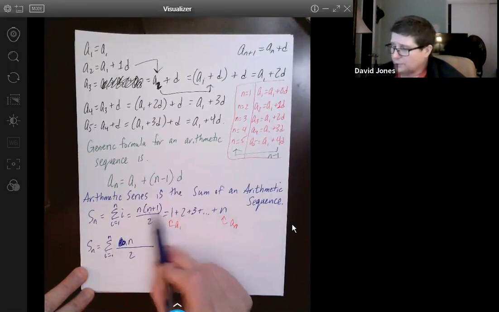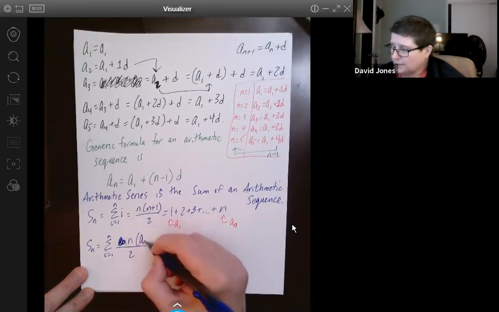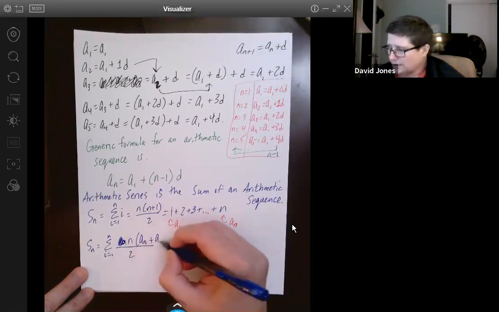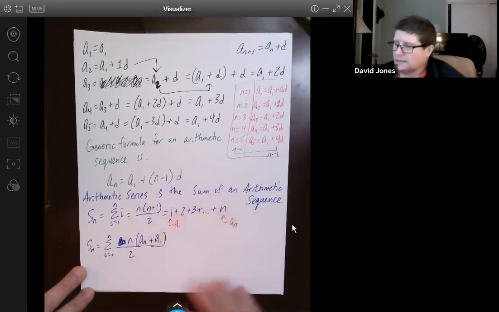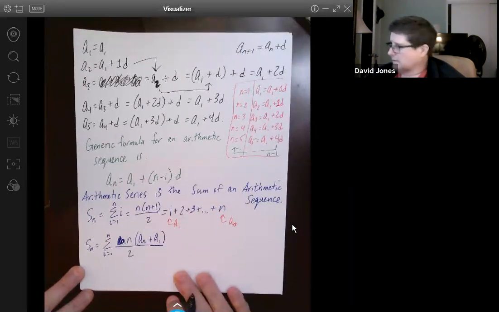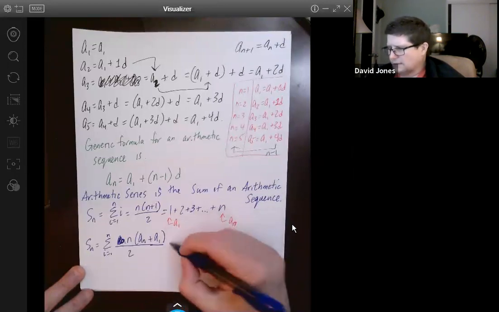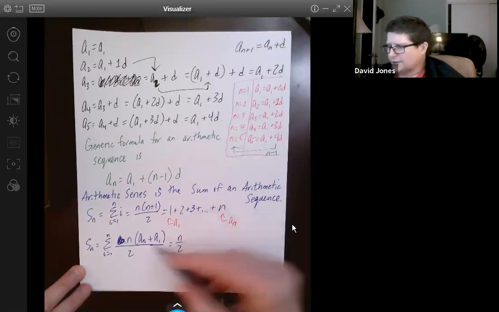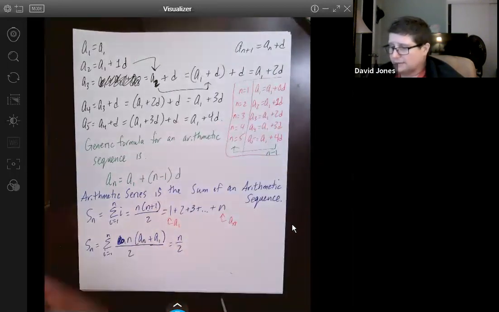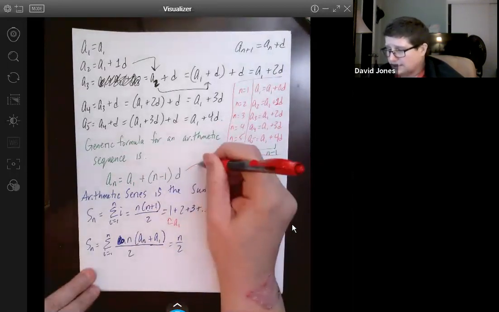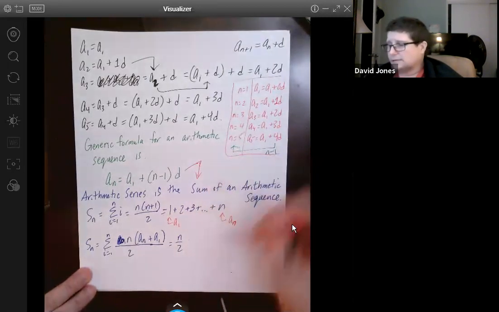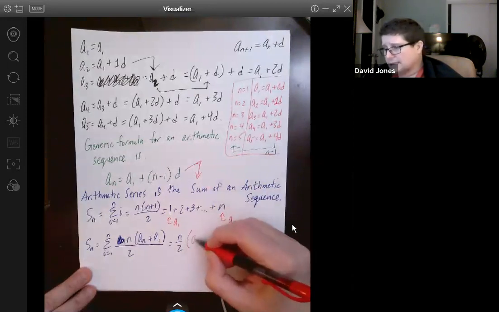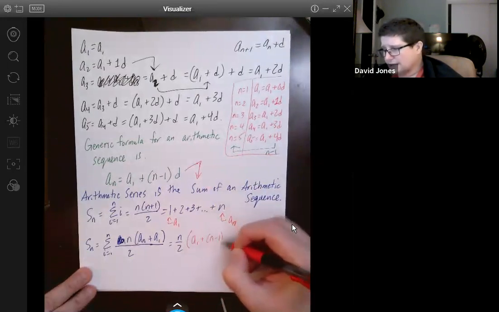Let's work on these two. Let's replace those. That's a sub n plus 1, or a sub n plus a sub 1. So I've got n over 2, and I know a sub n following this formula right here. We're going to use this down there: a sub 1 plus n minus 1 d.